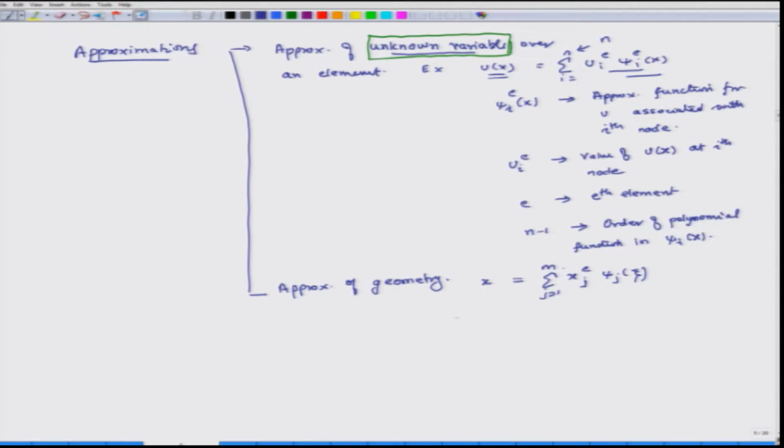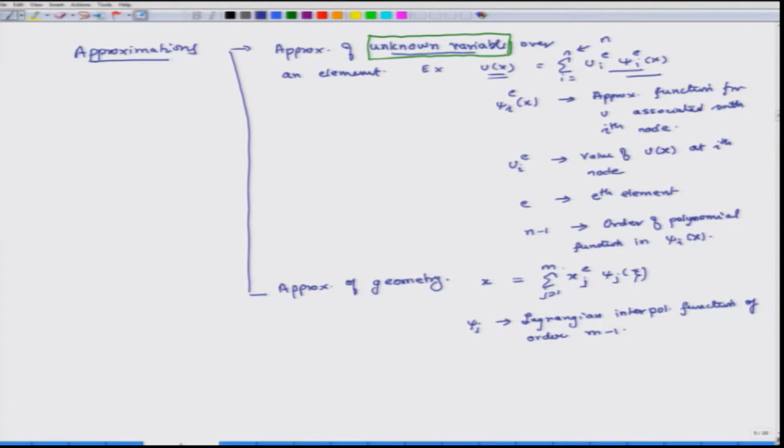So, here psi_j is Lagrangian interpolation function of order m minus 1.